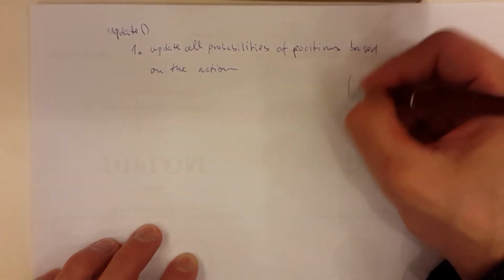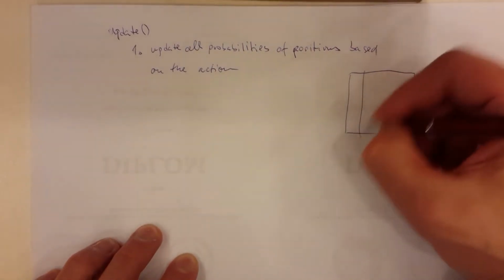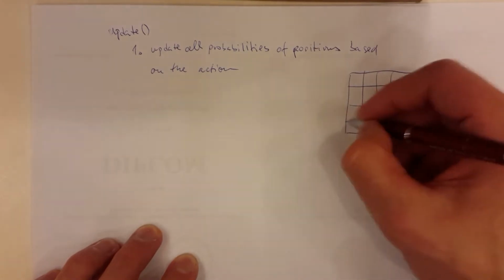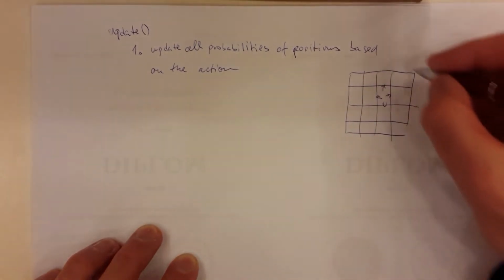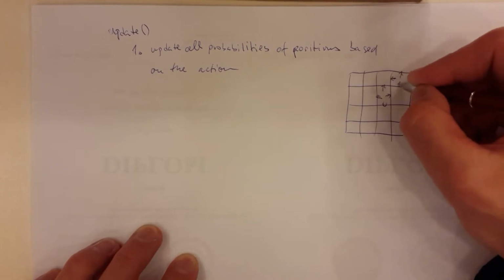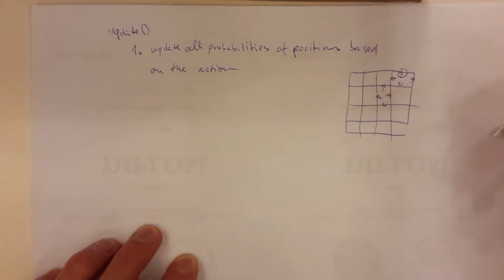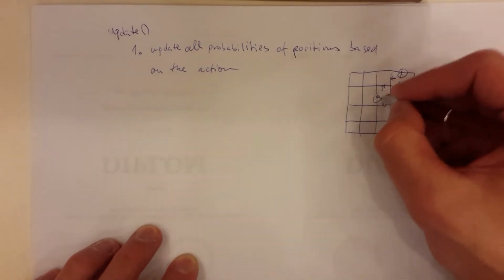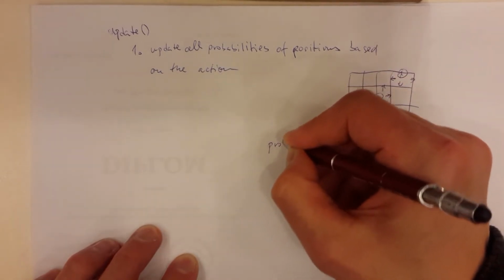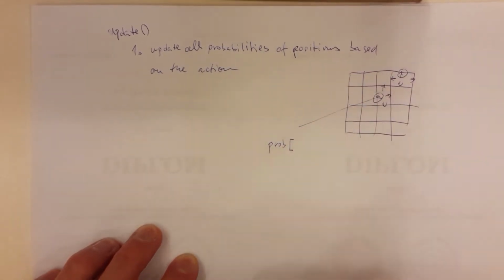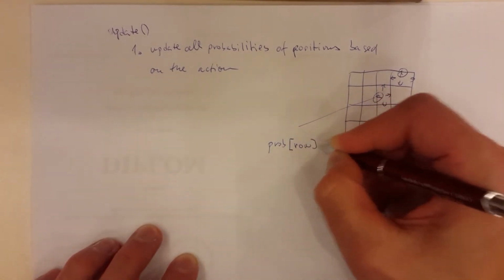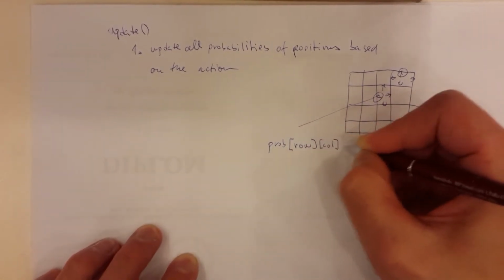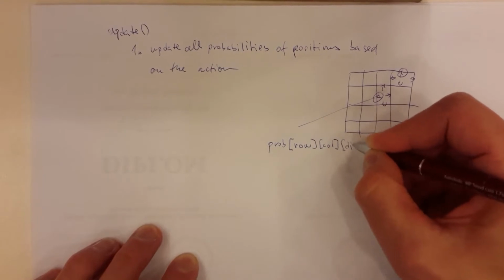That means as we have the grid world and we have all the possible hypotheses where we could be, and about each of them we have this information inside of one cell of this array, and that particular row, column and direction.